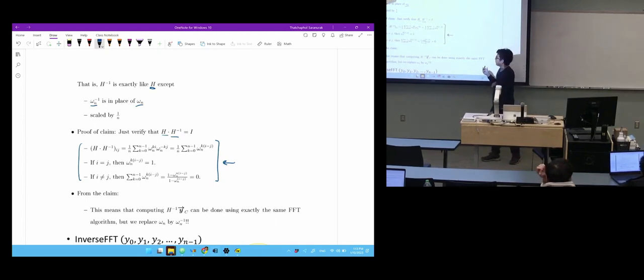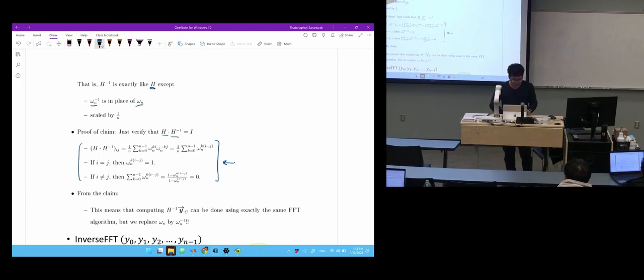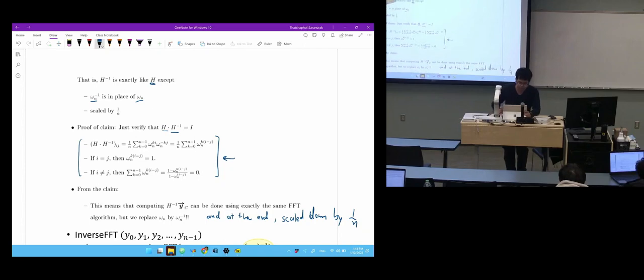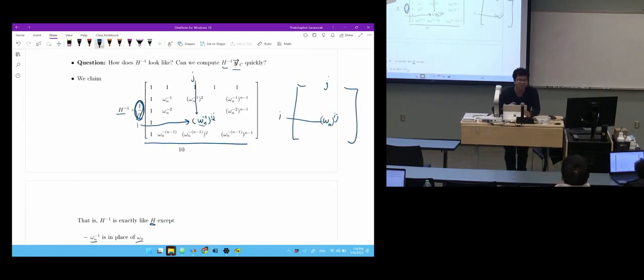This is the same algorithm because instead of defining your root of unity to be the one that goes counterclockwise, just define it to be the one that goes clockwise, and at the end scale down by 1 over n, just because there is 1 over n in the definition.